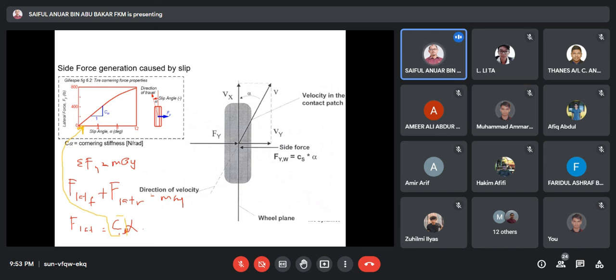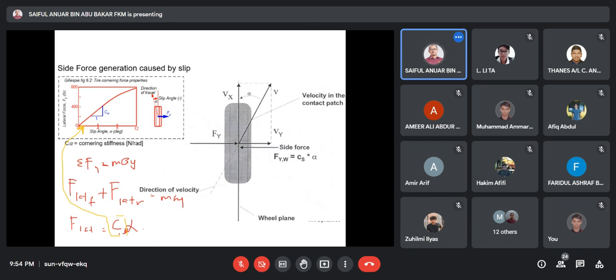Like I told you in the bicycle model, there are two different angles: the wheel steer angle and the slip angle. The wheel steer angle is the angle, the direction, that we want our car to go.